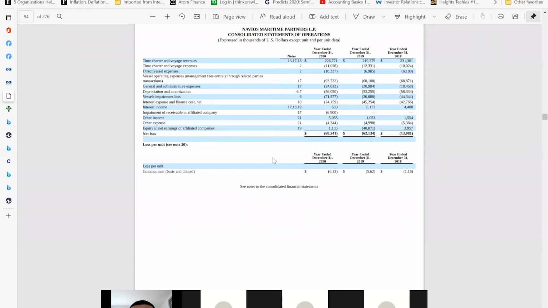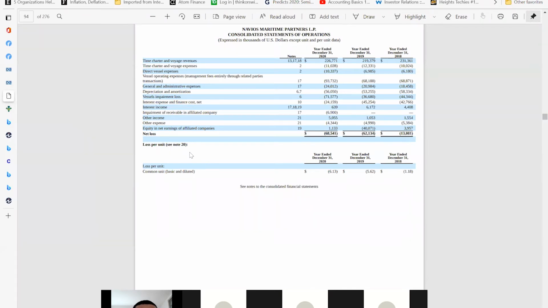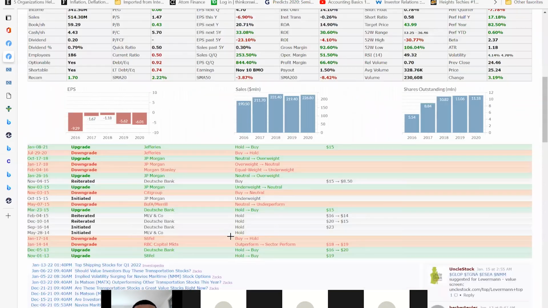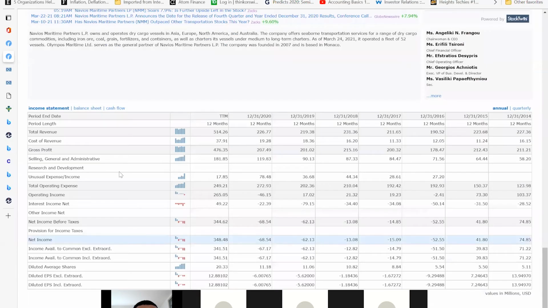So this is maybe last year's, and I'm sure this operating margin and profit margin stuff is reflective of maybe the latest quarter. Let me go back to FinViz. So they have this over here.